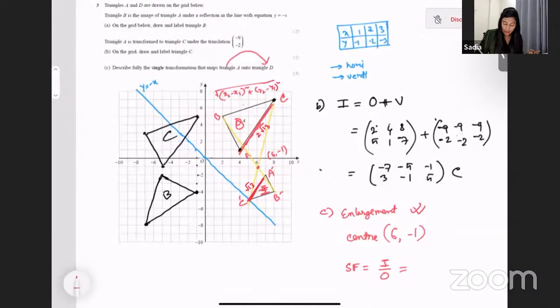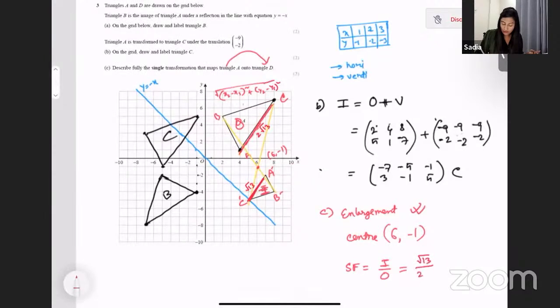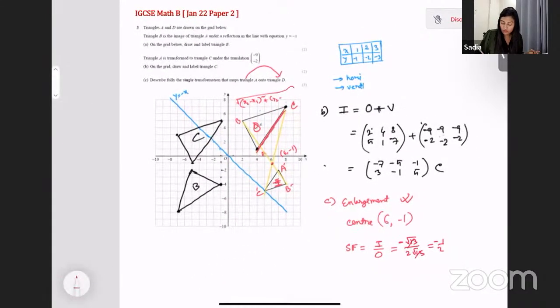So I by O, image by object, is A prime C prime, which is root 13 divided by 2 root 13. So it's basically half. And since the object and image are on opposite sides of the center, the center is in between them. So that's why we need to use a negative sign here. So it's basically minus 0.5.